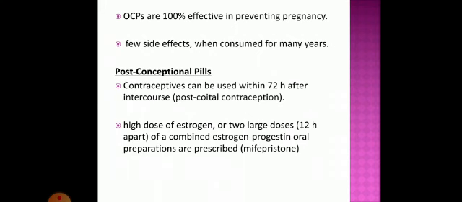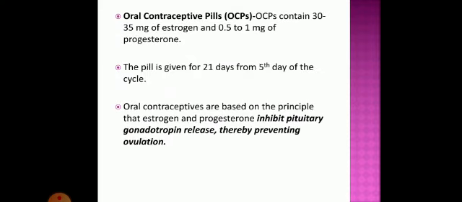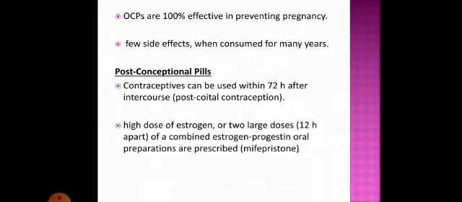Now you have the second subdivision of the oral contraceptive pills, the post-coital pills. But before that, I would like to give you a little more detail about the side effects of the oral contraceptive pills if taken for many years.